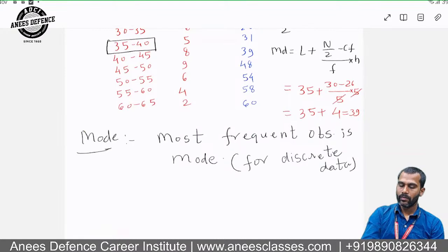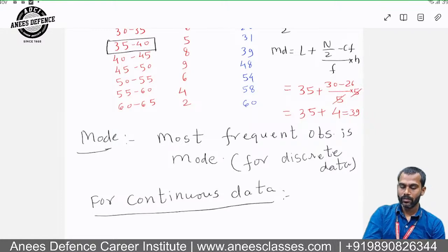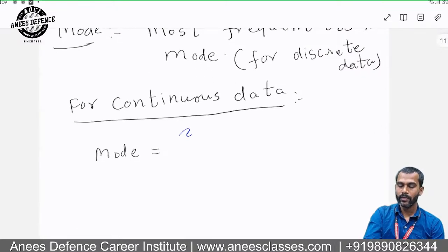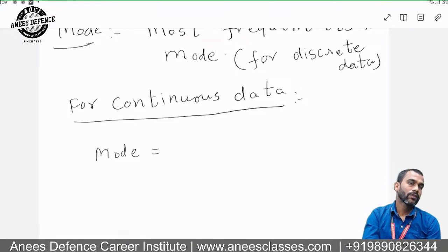And for continuous data, what is the formula? Mode is equal to, tell me, what is the formula? Anyone? First of all, we have to find model class. What is model class? The class having maximum frequency.